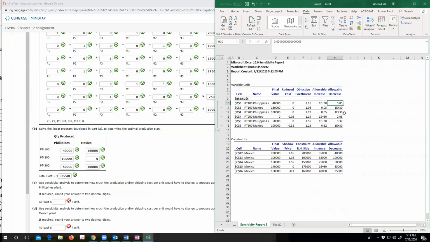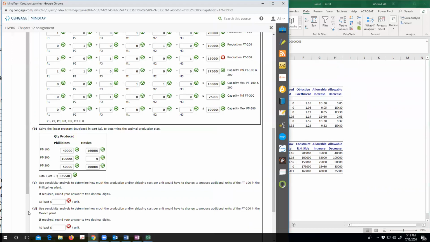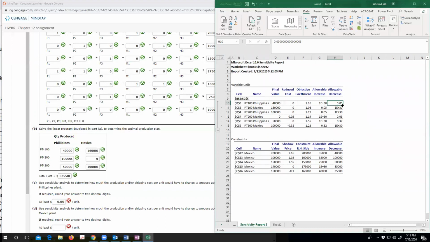If we can negotiate at least going down 0.05 for shipping, we can get an additional unit of PT100. So this number, allowable decrease, this can be decreased, and this number is 0.05. So for sensitivity, you have to look for this number: for any variable, how much allowable decrease we have.